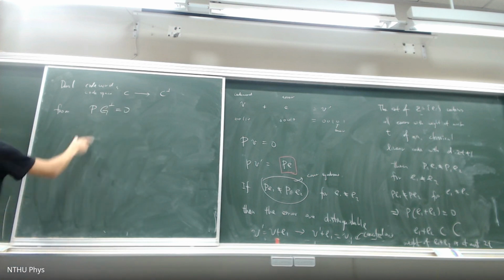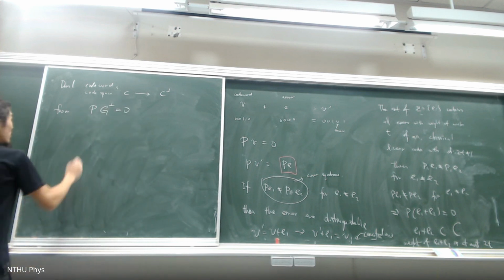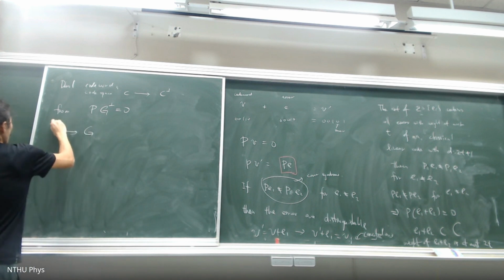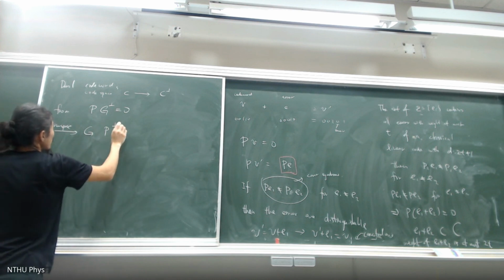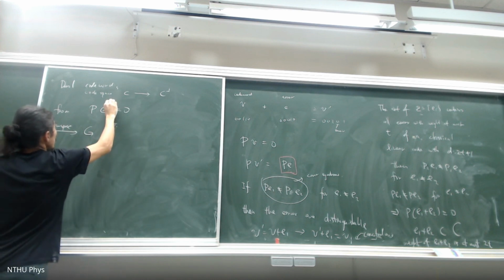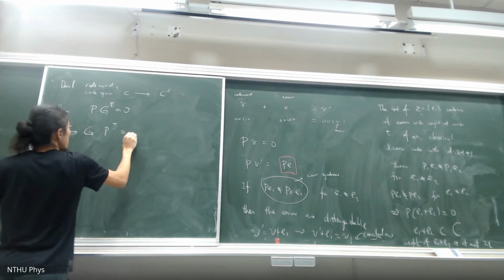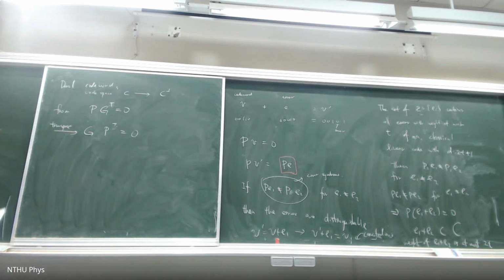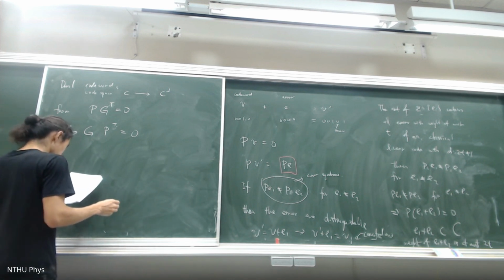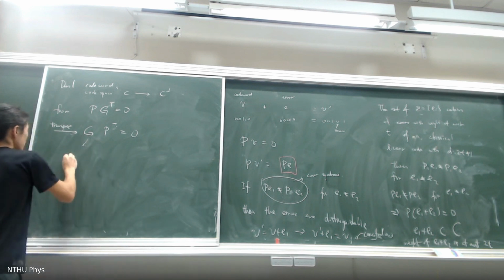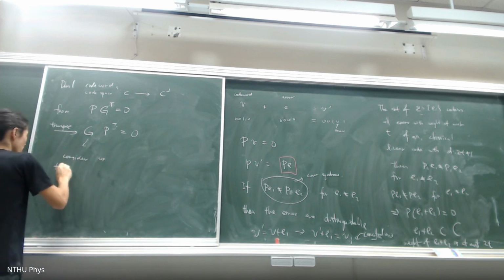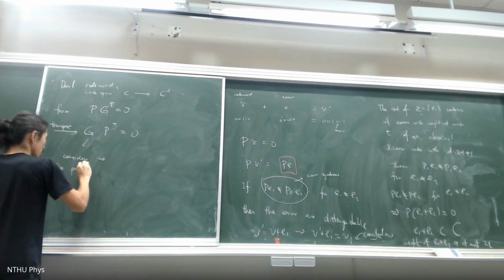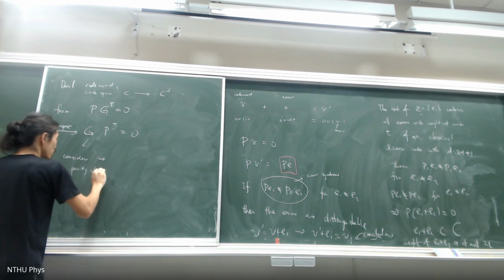C equals to 0. So I just take the transpose of this one. So now you see what you can define is this can be considered as a parity check matrix.